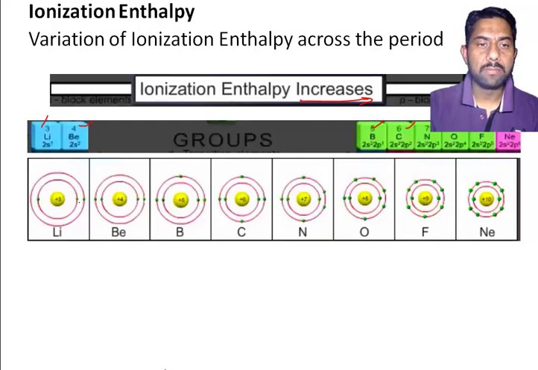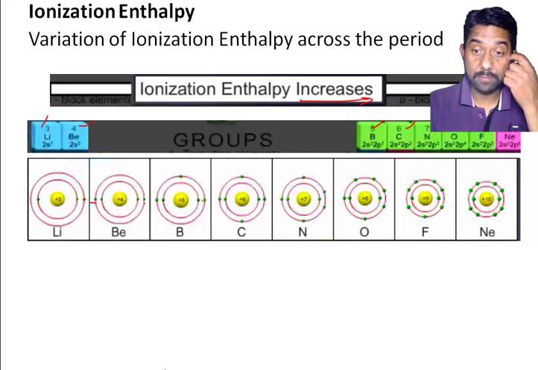The reason is quite simple. When we move across or along the period, the electrons enter the same shell. We have already discussed in atomic radii that addition of electrons takes place within the same shell, and hence if the electron number increases within the same shell, what happens?